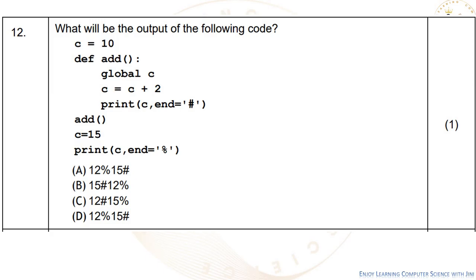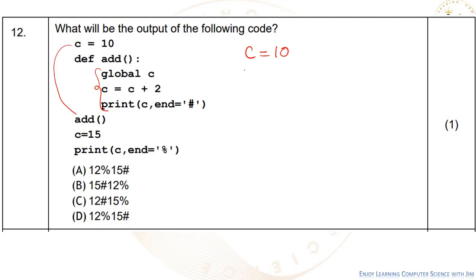Question number 12. What will be the output of the following code? Okay. So first, c is equal to 10. Then the function definition. When it is a function definition, these statements will not be executed unless the function is called. So after this we come here. We are calling the function add.